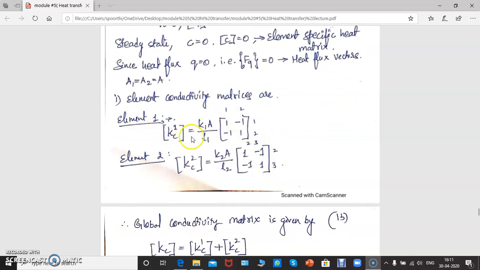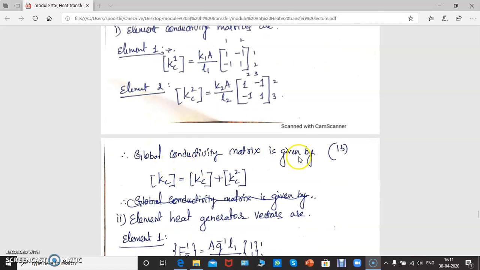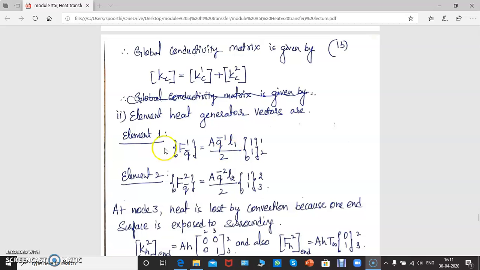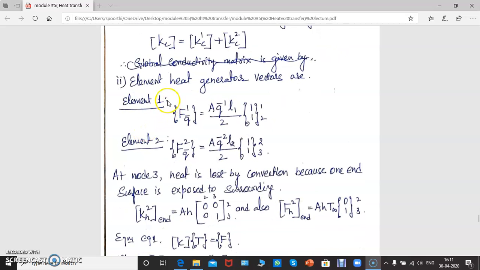Now in this case, first let us go for the element conductivity matrix. So Kc1, this is known to you, Kc1, Kc2, element 1, element 2. So you can get the global conductivity matrix by adding them together. Similarly, you can get the element heat generation vector, if Q bar is being generated.